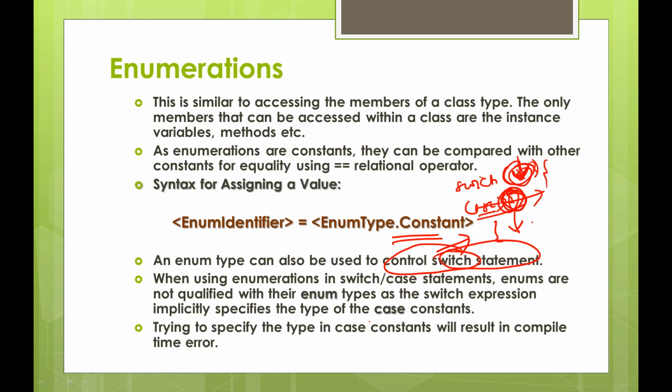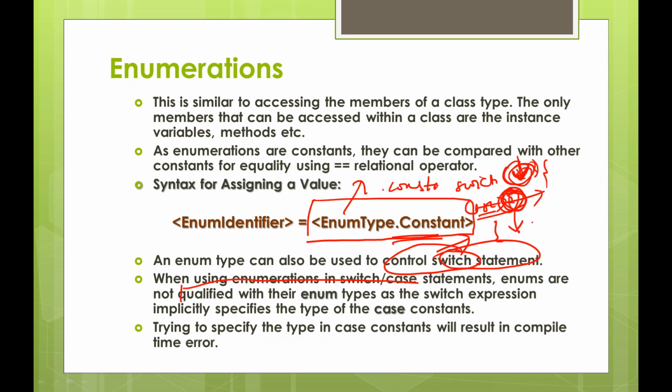Let us take an example and then we will understand exactly. Here we are accessing the constant using enum type dot constant.